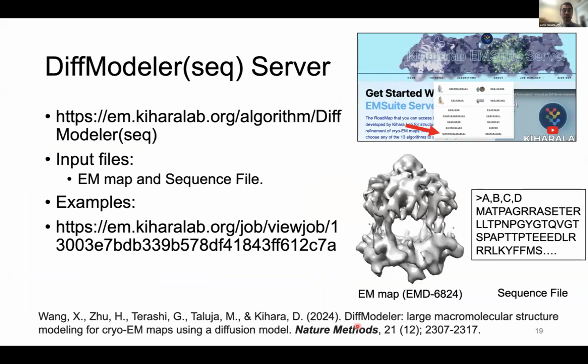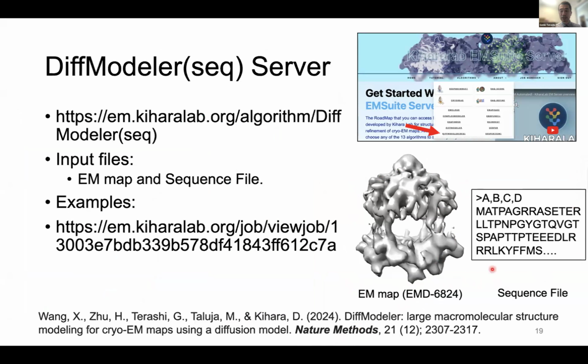We also have a DiffModeler sequence server. In this server, if you don't have an AlphaFold model, but you have a sequence, you can use the sequence information as a query. Suppose you have a low resolution density map, and also you have a sequence file.